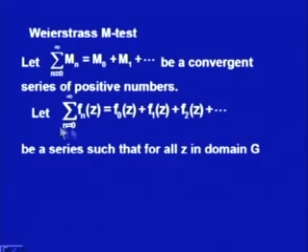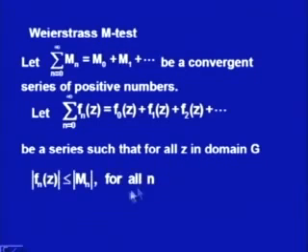Now, we say that this series is such that for all z in a domain G, it satisfies this condition, that is, the modulus of f_n(z) is less than or equal to M_n for all n. The idea is term by term: f_0(z) is smaller than M_0, f_1(z) is smaller than M_1, and so on.